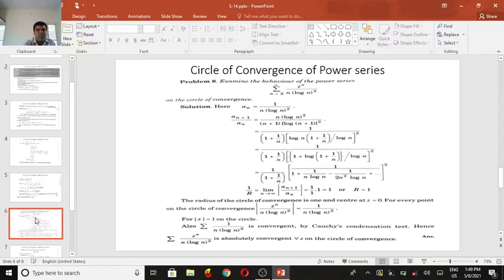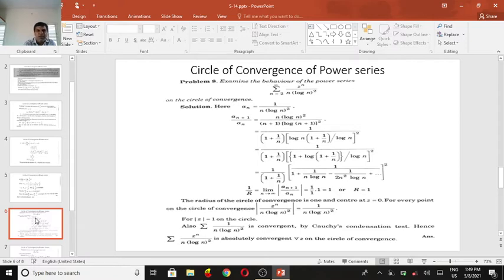I call the series an, equal to 1 divided by n into log n whole square. So apply the ratio test, an plus 1 divided by an. This is n log n whole square divided by n plus 1 into log of n plus 1 whole square.